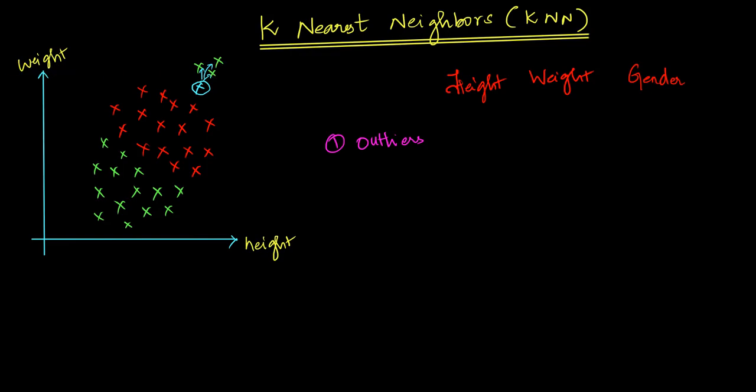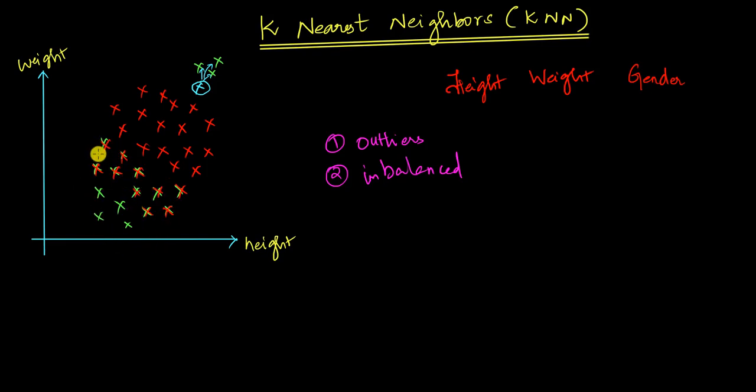The other case where you should not use the k nearest neighbor is when you have an imbalanced data set. If the number of male students is higher and the number of female students is less, so most of these points are red here, then it's not a good idea to use k nearest neighbors, because it will only predict the male category, and whatever the point, the female category will not come into action at all.